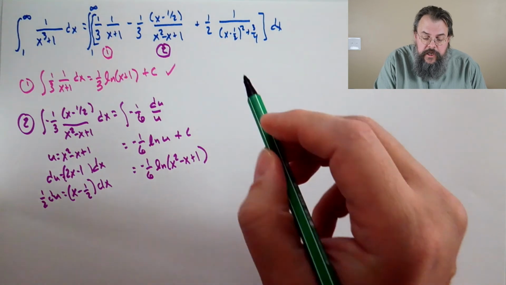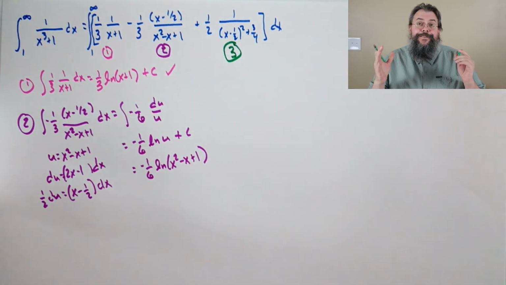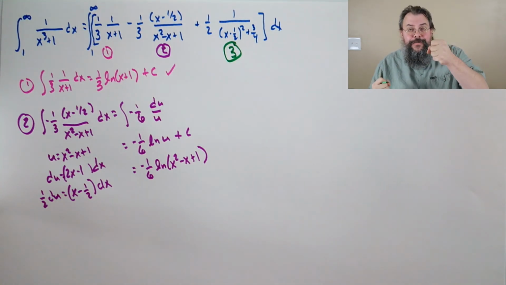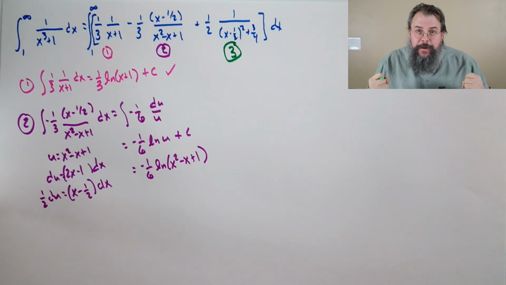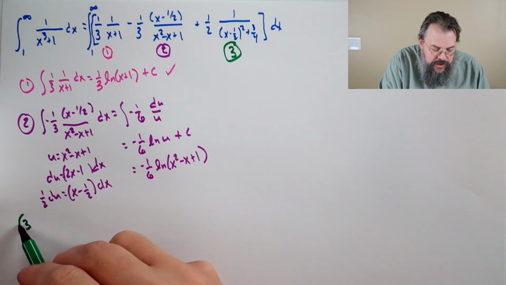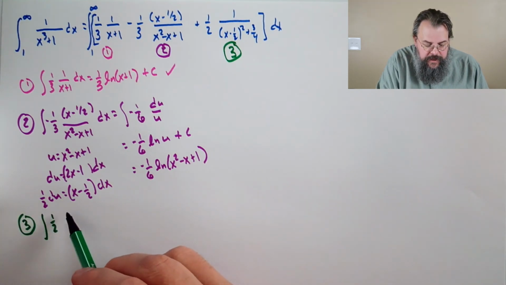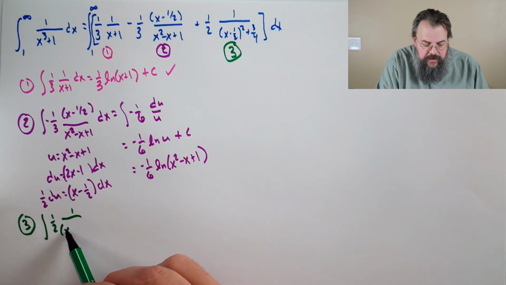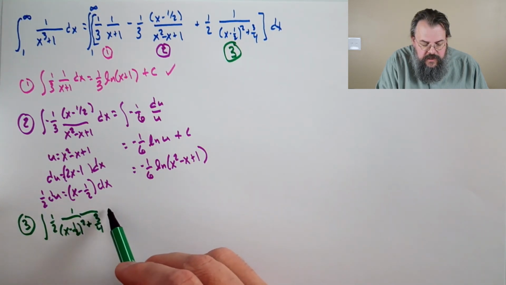So here, what are we going to do? Well, this is set up for arctangent. It looks like arctangent, right? 1 over variable squared plus number squared. So we just do our substitution. We have the integral of 1/2 times 1 over x minus 1/2 squared plus 3/4.